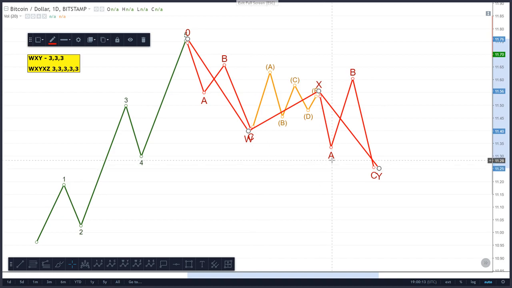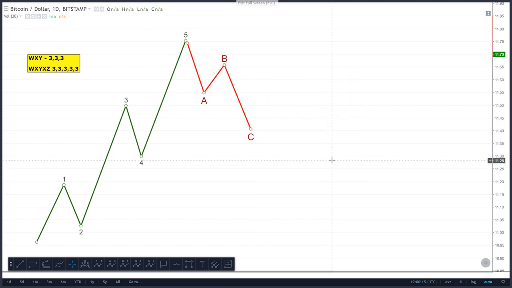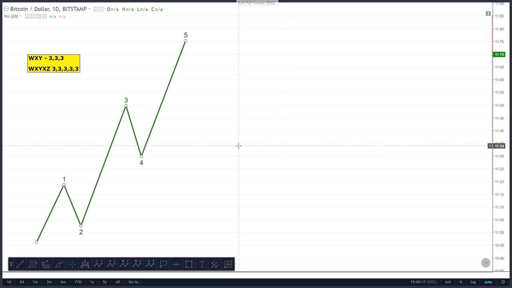So yeah, you can have any combination you like. The only exception is triangles, as I mentioned earlier, will occur in the terminal leg, where it will either be in a Z or the Y wave, or it can occur in the X wave, so X here or X here or X here.